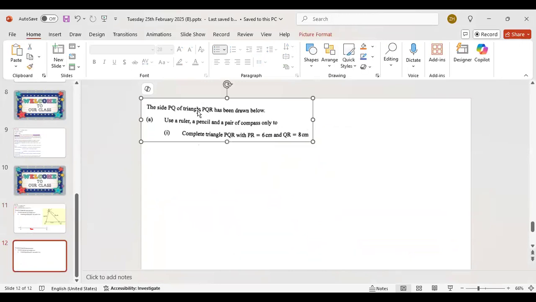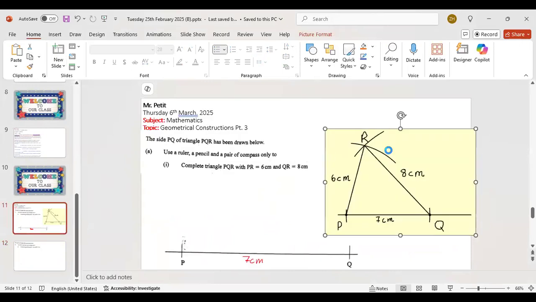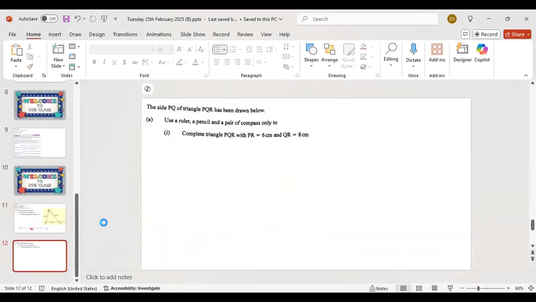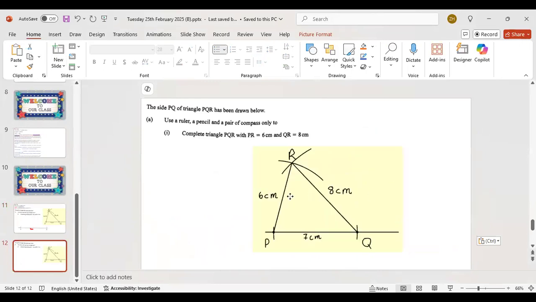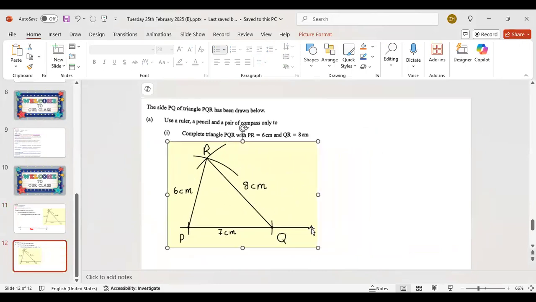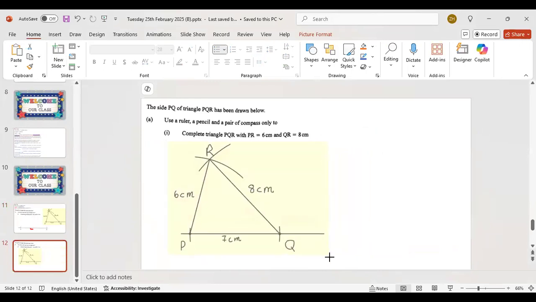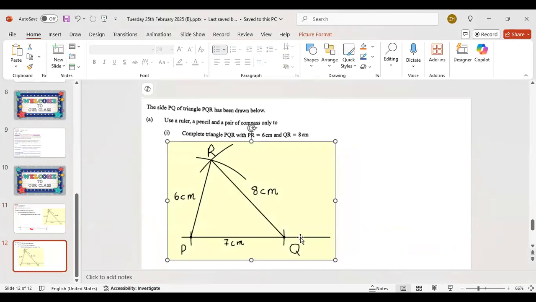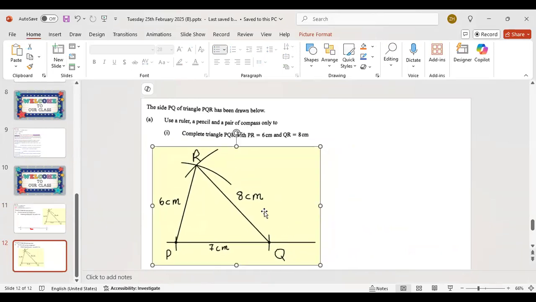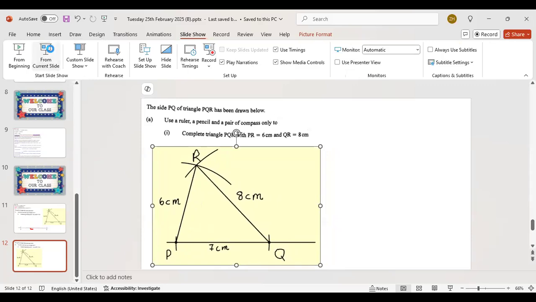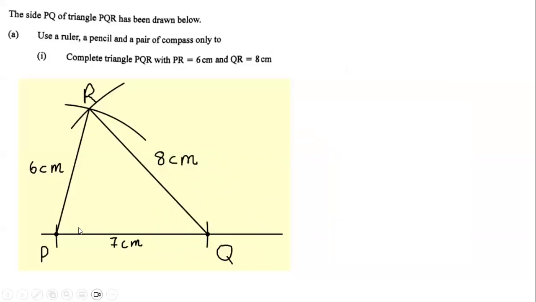So this right here is going to be our triangle. So we completed it. Again, PR is 6 centimeters and QR is 8 centimeters.